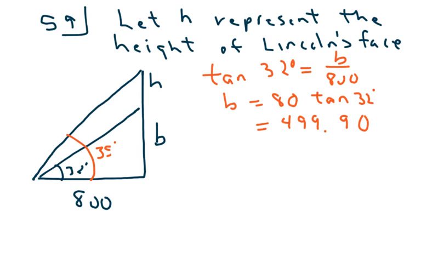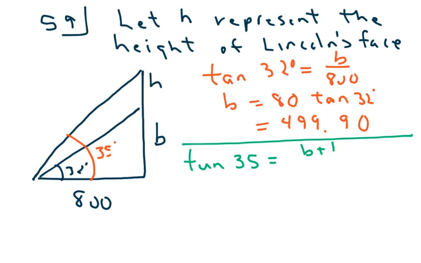Now, the next part is the hard part. So, tan of 35 equals B plus H. Before it was just what? B. But we have this additional H here. So B plus H over 800 feet.